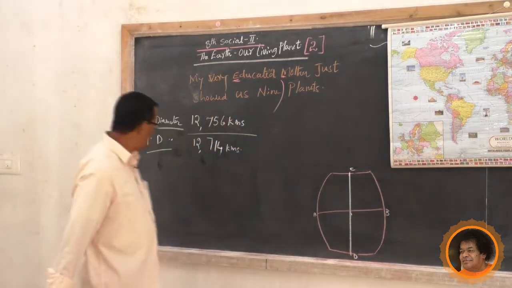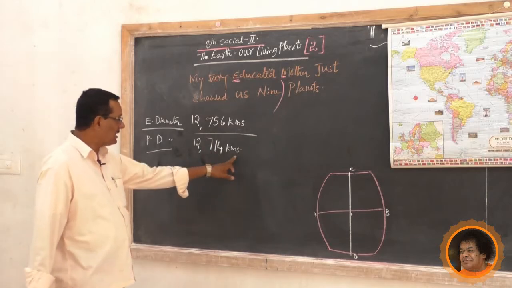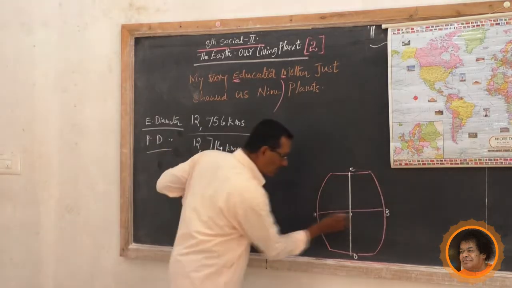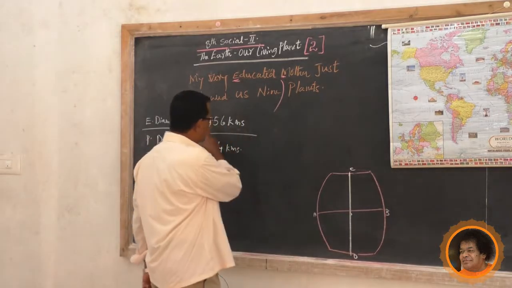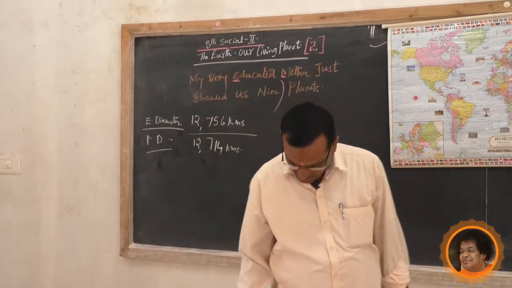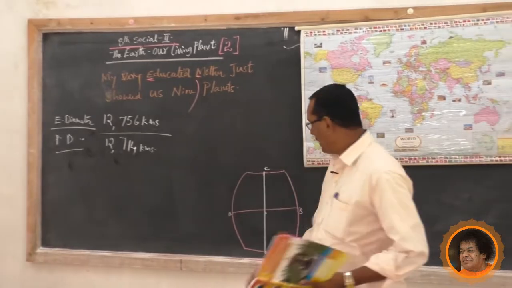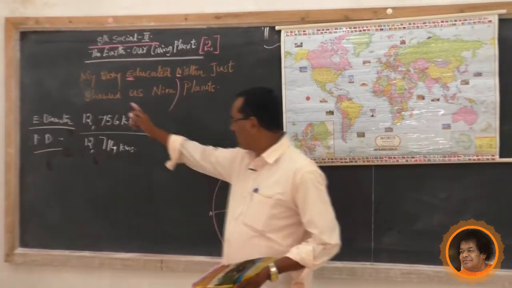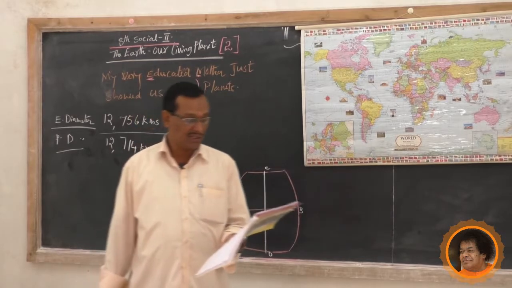How many kilometers? It is 12,714 kilometers. Equatorial diameter is 12,756 kilometers. These are the lengths of the equatorial diameter and polar diameter.